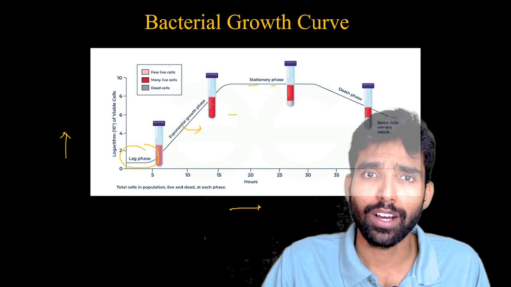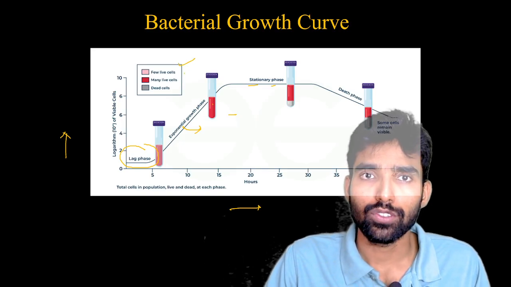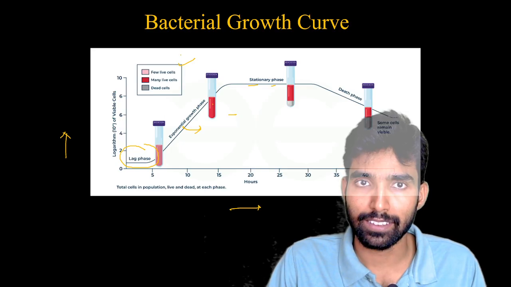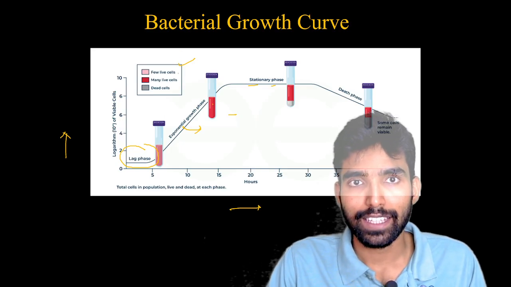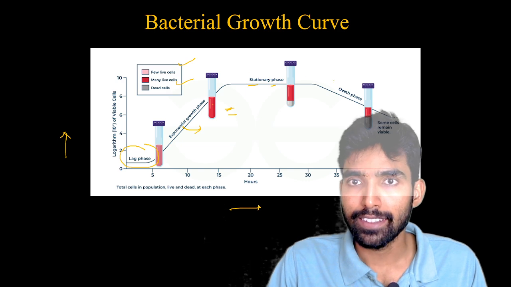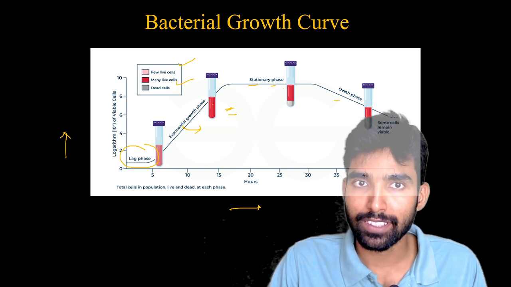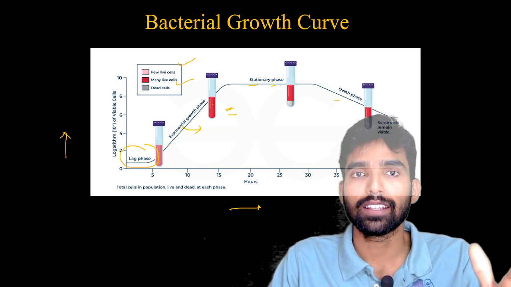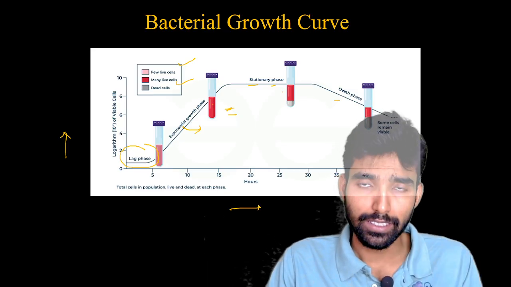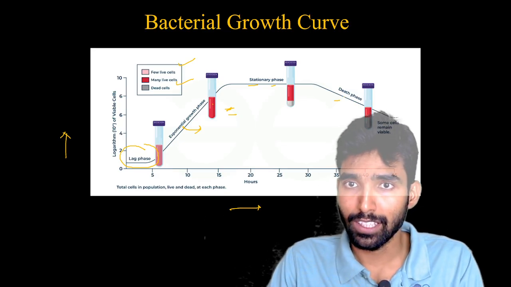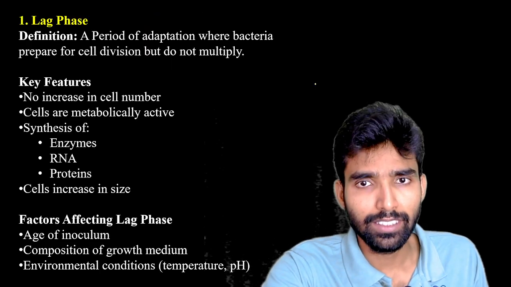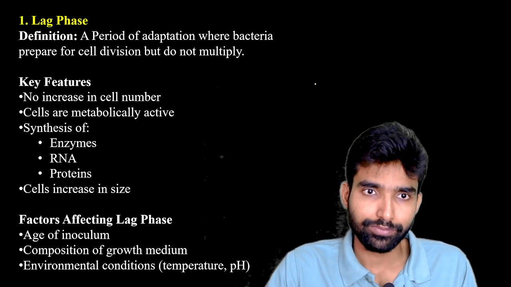Here I have indicated: the pink one, the few cells, is the lag phase. Then many live cells is the log phase, and dead cells is the death phase. In the stationary phase you can also see some cells are live, some are dead, but the number of live cells is more than the dead cells. But in the case of the death phase, they are equal. We will see each and everything.